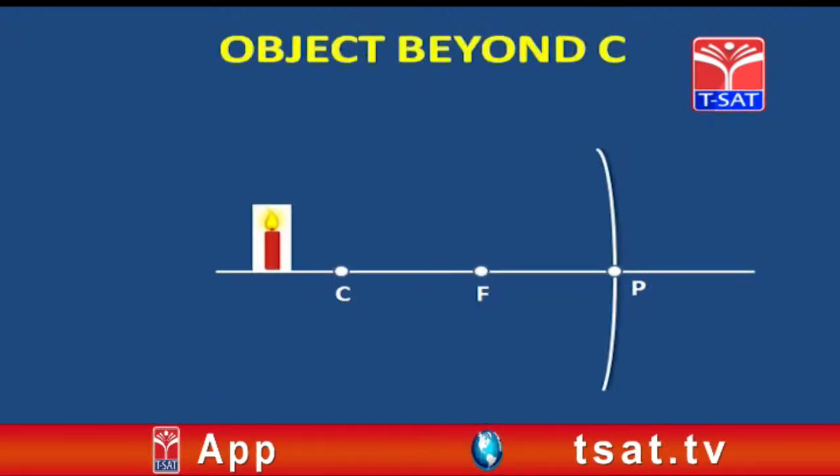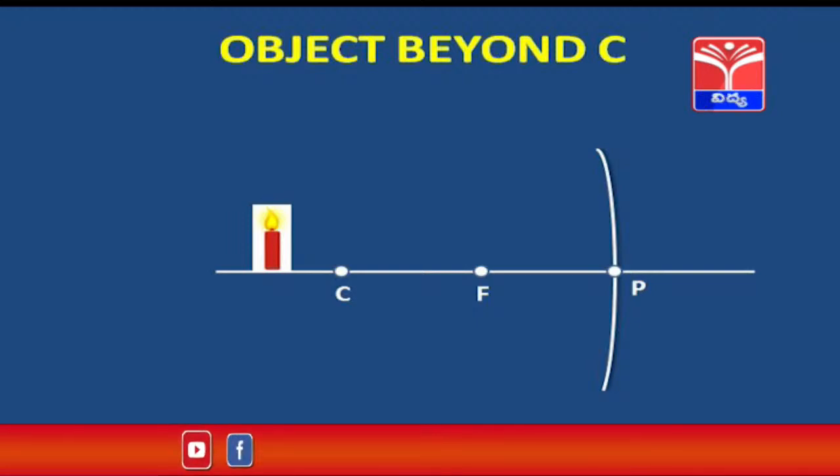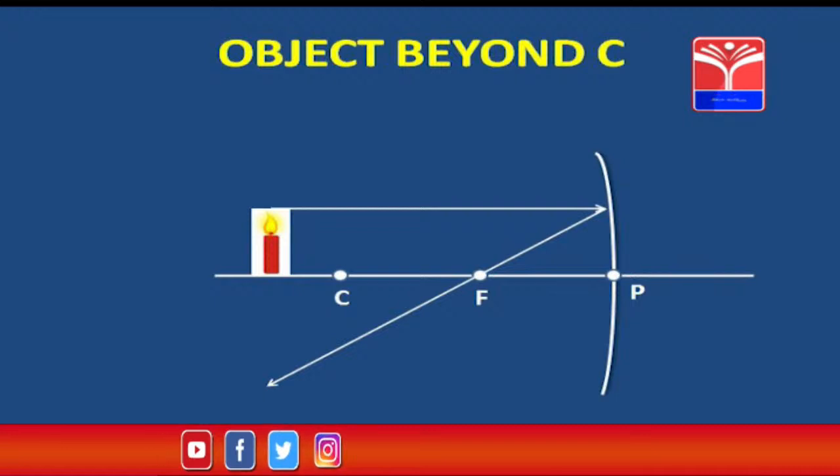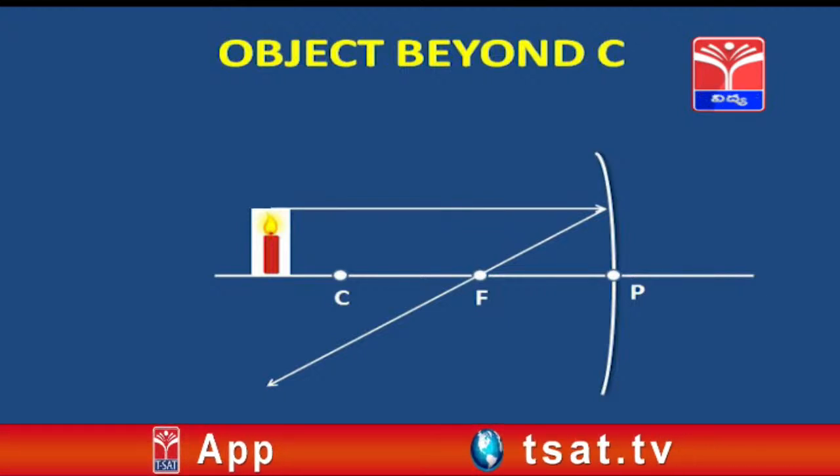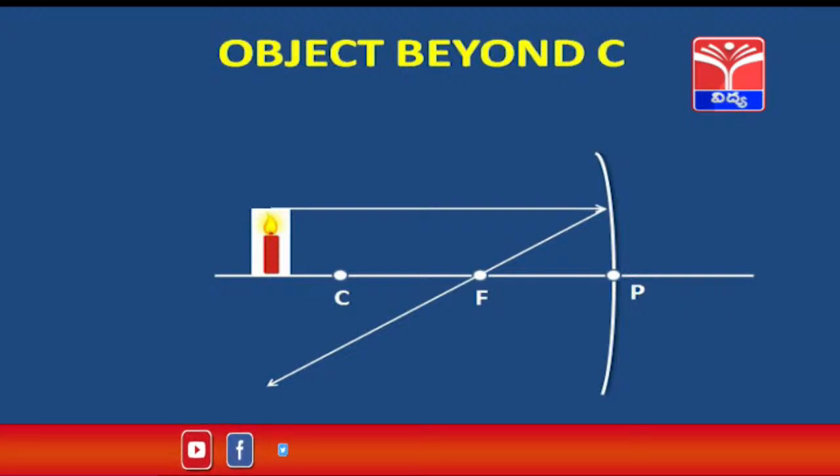Now, shifting the object beyond C. Mirror, the principal axis, pole, focus and the center of curvature. The object is placed beyond C. A ray parallel to the principal axis passes through the focus.